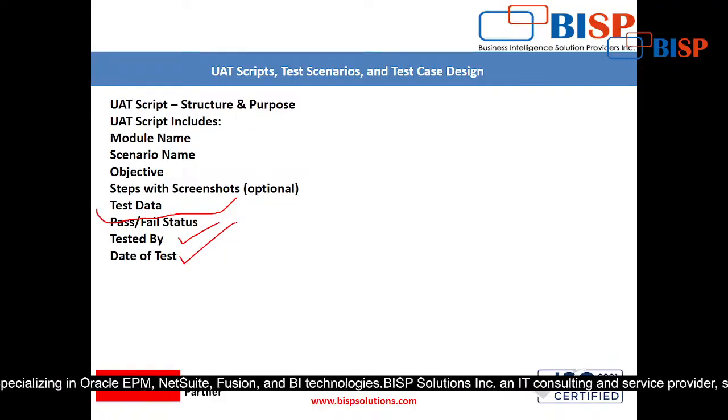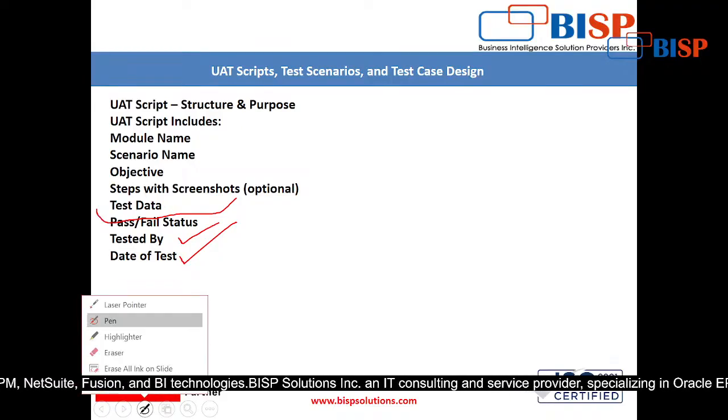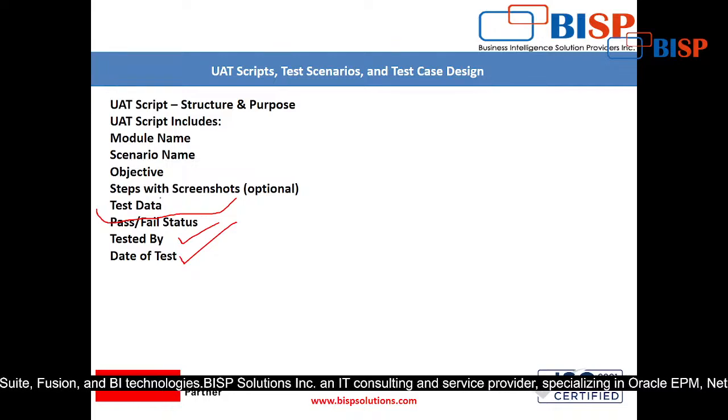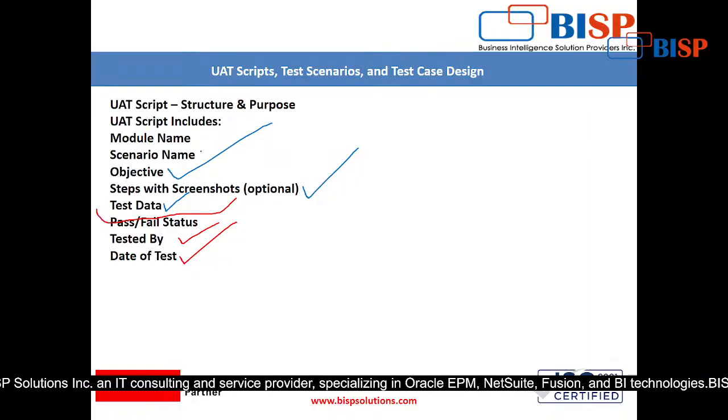Actually these things are written in the Excel sheet. So what you need to do is only test the case. This test data you have to keep, steps of screenshot, okay, objective is this, and the scenario remaining, this module, scenario and this test data, only these things will be done, okay.